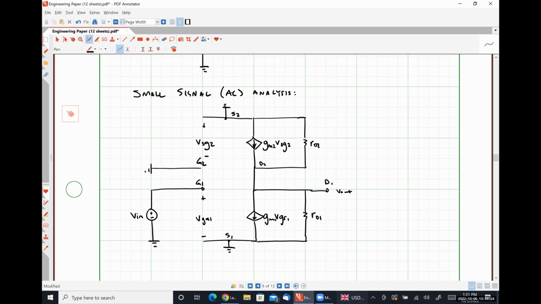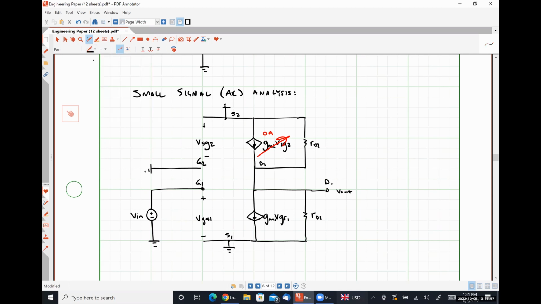So since our source voltage is at a DC voltage and our gate voltage for our PMOS transistor is also at a DC voltage, then the quantity VSG2 at a small signal level looks like a short circuit or zero. So from that, this current source is supplying 0 amps of current, or effectively looks like an open circuit.